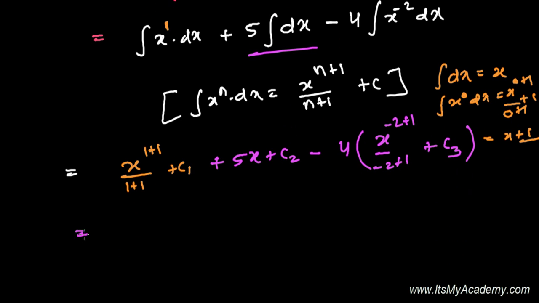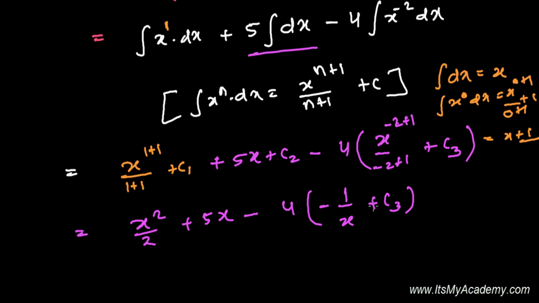Now it's going to be x square over 2 plus 5x minus 4 times x to the power minus 1. Rather than writing x to the power minus 1, I can write it as 1 over x, plus c3. Did you get that?